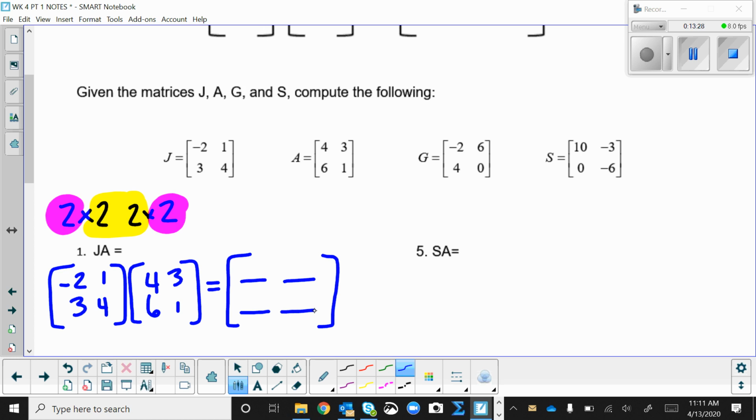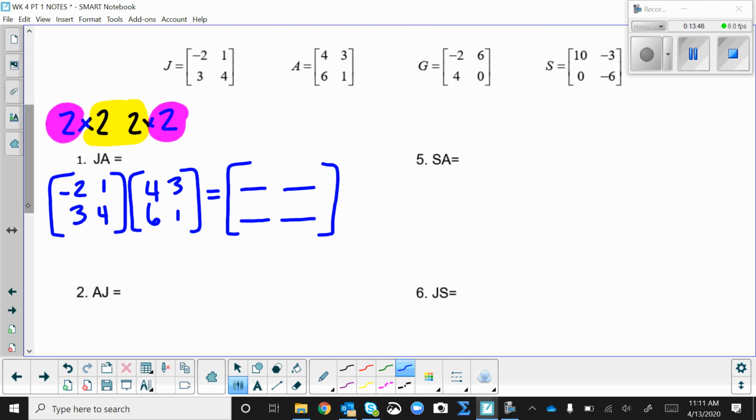For today's matrices, they're all going to be 2 by 2, so this might seem like a little bit of overkill, but when we get into the next lesson where the dimensions are different and some are larger than others, this will be very, very helpful so you don't get lost in the middle of your math about where your answers are supposed to go.